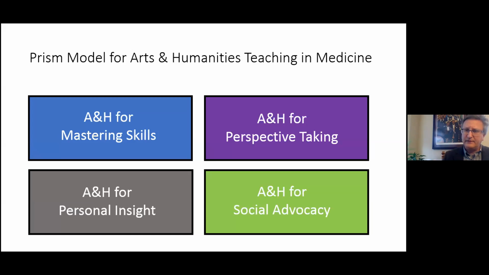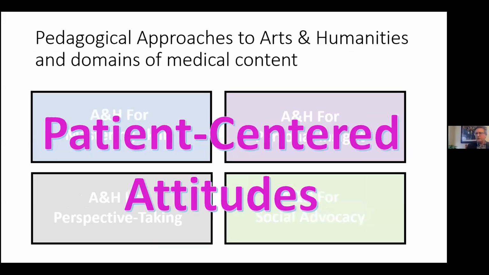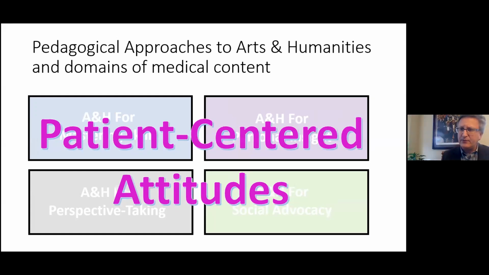underneath a particular thing. The more we dug into this, the more we realized that it doesn't matter what you're teaching, that a particular content area could be taught using any of these approaches to the arts and humanities, and hence the name, the PRISM model.